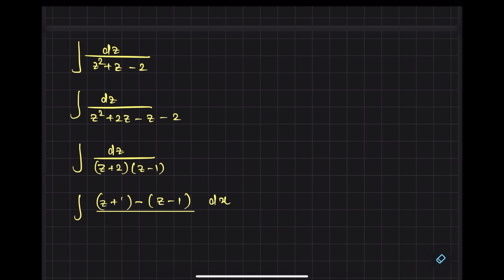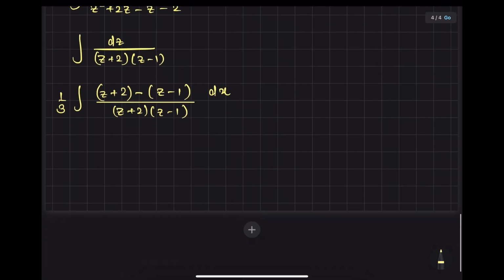Now observe this one. In the numerator you have introduced an additional 3, but it was 1. So to neutralize that, we will divide by 3.